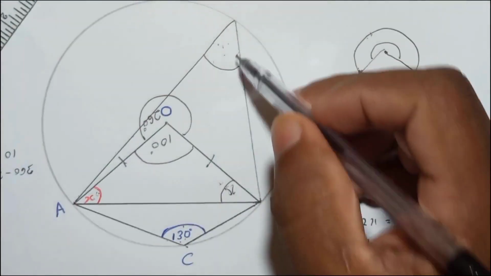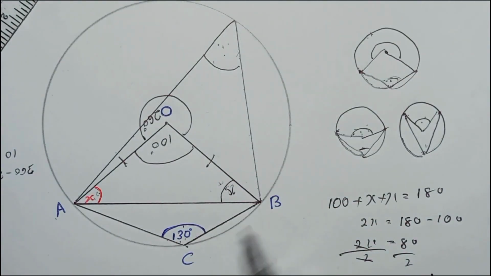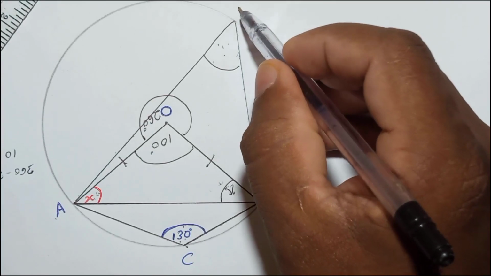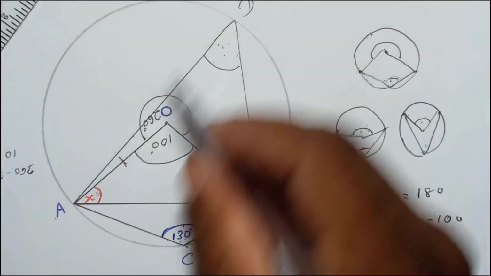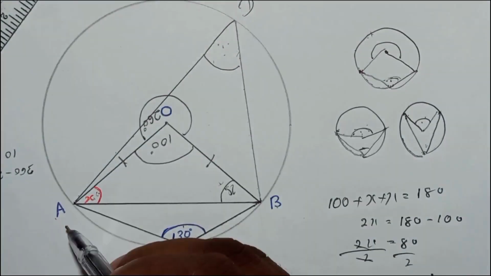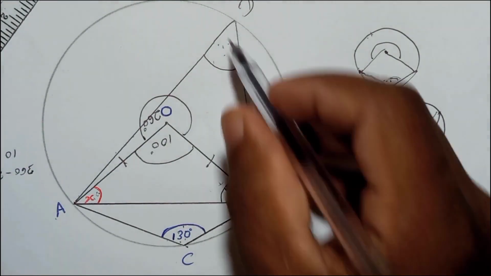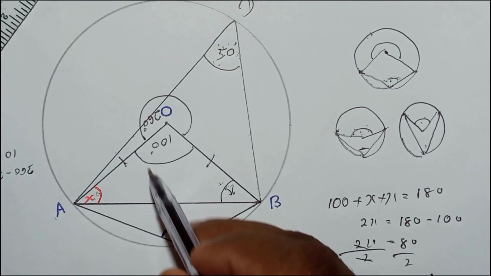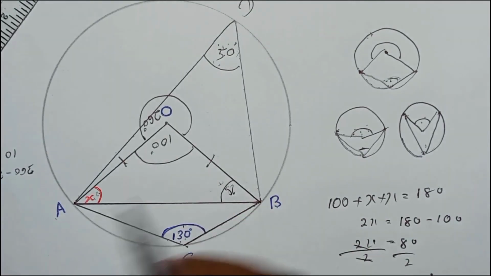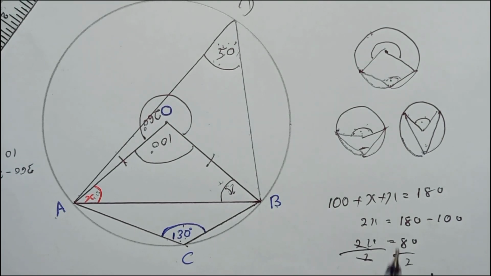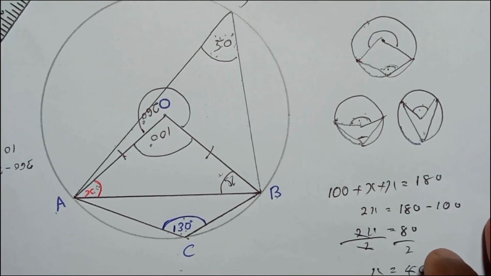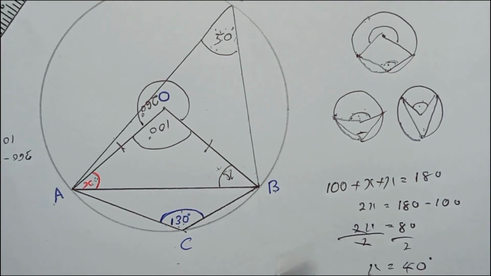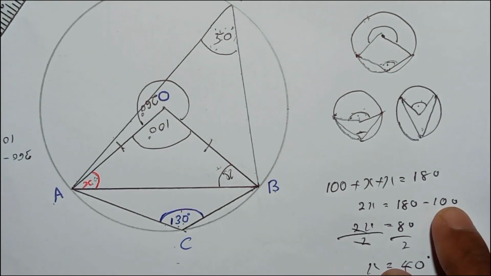We call them supplementary opposite angles. Now if I call this D, ABCD is a cyclic quadrilateral. So if this is 130, this should be 50, and then if this is 50, this should be 100. Again, like we did earlier, we can then get x. Like that, we sometimes have 2-3 methods to get the same answer.